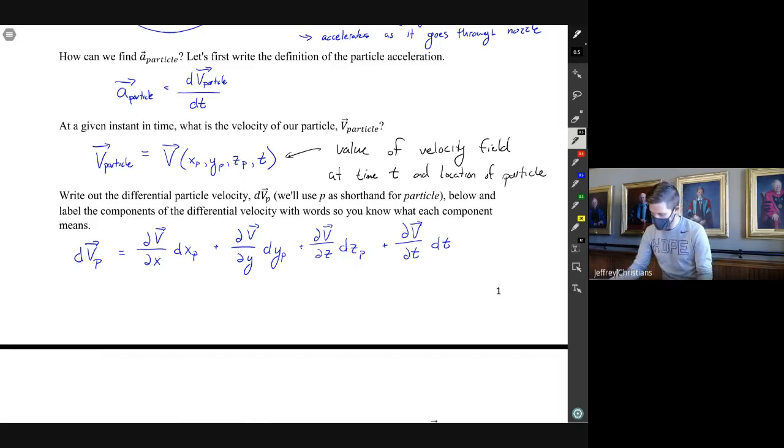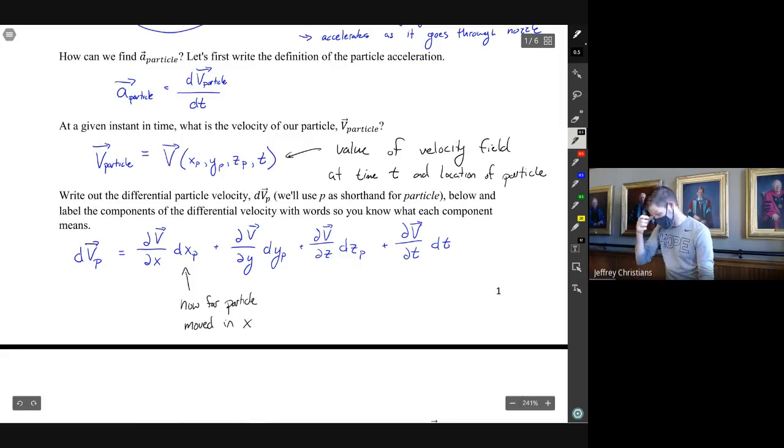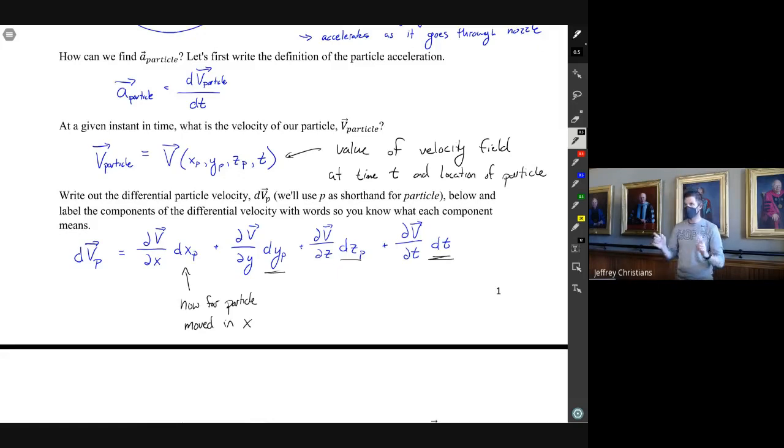That's what this part is. So this is how far in x, and then obviously the same in y and in z, and how much time elapsed in t. So how far did the particle move, or the distance moved in x, y, and z.